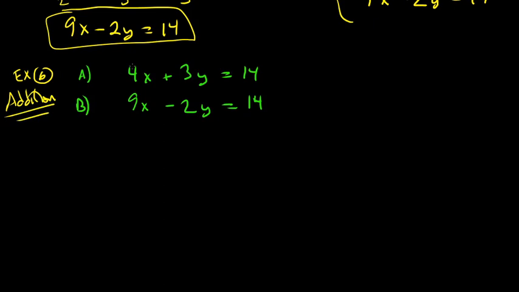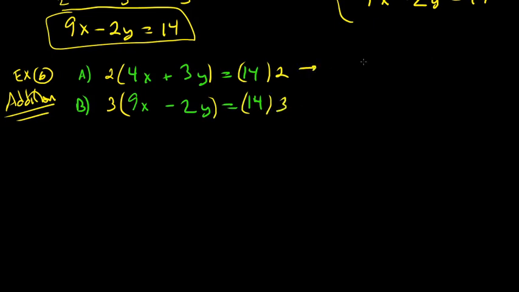So if I want to eliminate x, I can multiply this by 9 and this by 4, or maybe negative 4. Or if I wanted to eliminate y, I can multiply the first equation by 2, and that becomes 6y. And then the second equation, this will be a negative 6 if I multiply by 3.